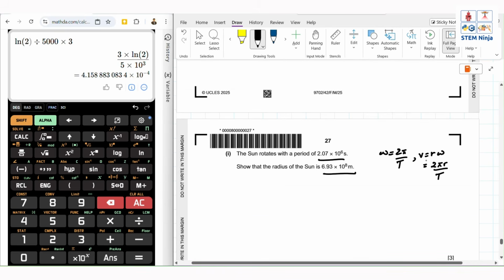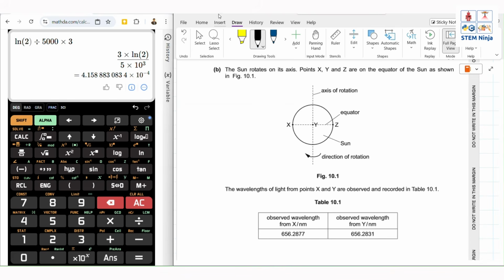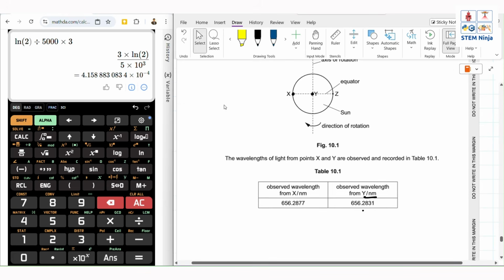We don't know v over here, but we need to figure out v using the Doppler effect or the redshift formula. Y doesn't appear to move because it's at the center, so we can use this as the original lambda. Since the wavelength at X is slightly lower, we can see the redshift, so we can use that as a difference of wavelengths.